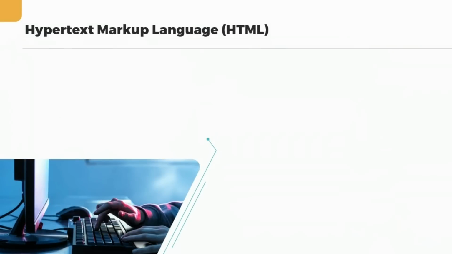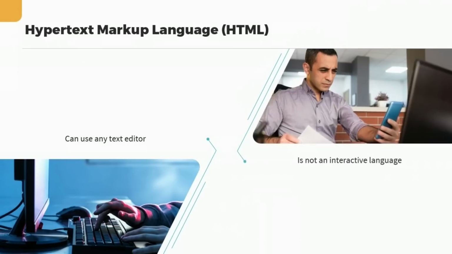HTML can be created and edited using any basic text editor, including something as simple as Notepad in Windows, but there are certainly more advanced editors available with features to make coding easier. But in itself, it's not an interactive language, meaning that it doesn't accept any kind of input from us. The end result really is just a document, but it's typically viewed through a browser as opposed to something like a word processor.